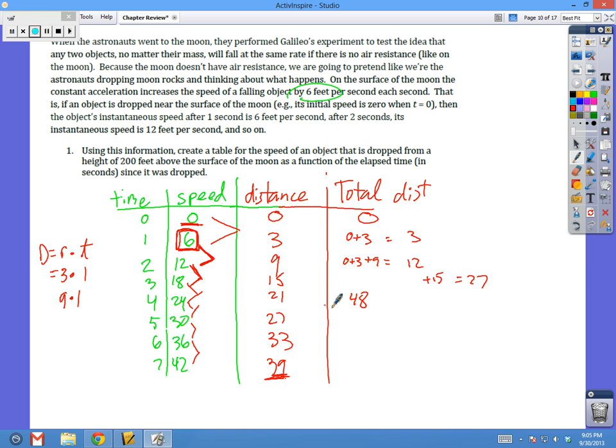To 48, I'm going to add 27. We're at 75. Now I'm going to add 33. We're at 108. We're going to add 39. We are at a total of 147. So at the end of 7 seconds, he is going to travel 147 feet.